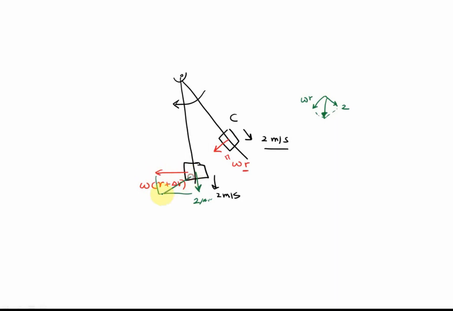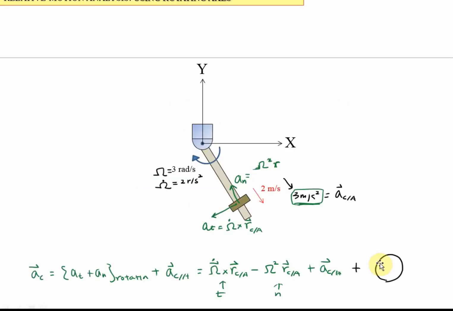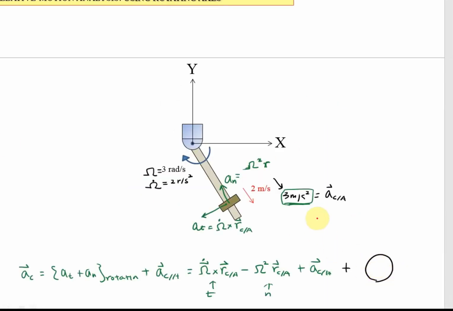That's why the velocity changed. The velocity changed due to acceleration. That's why that acceleration must be included in this term. Okay, that is determined by 2 times omega, meaning angular velocity, and the linear velocity.